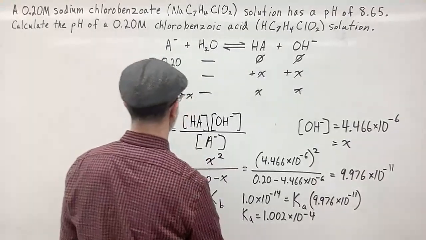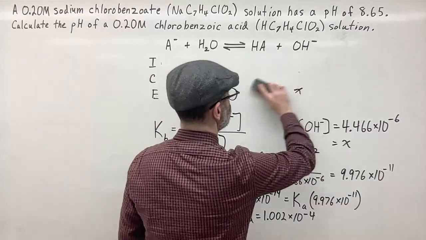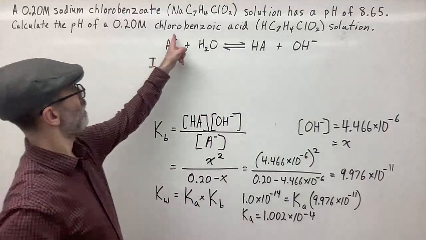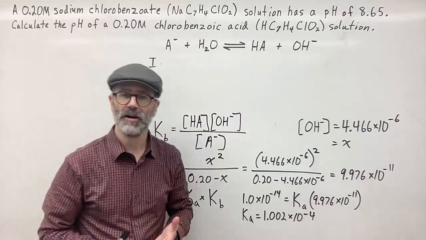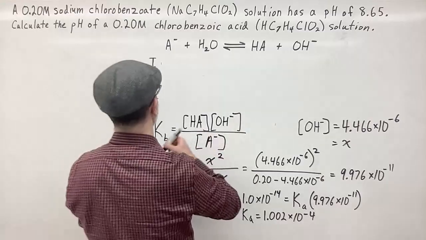So let's go ahead and change our equation. Now we're going to use the weak acid, and again we're going to use the generic formula, which is HA for weak acids. We're not going to write out the whole formula.